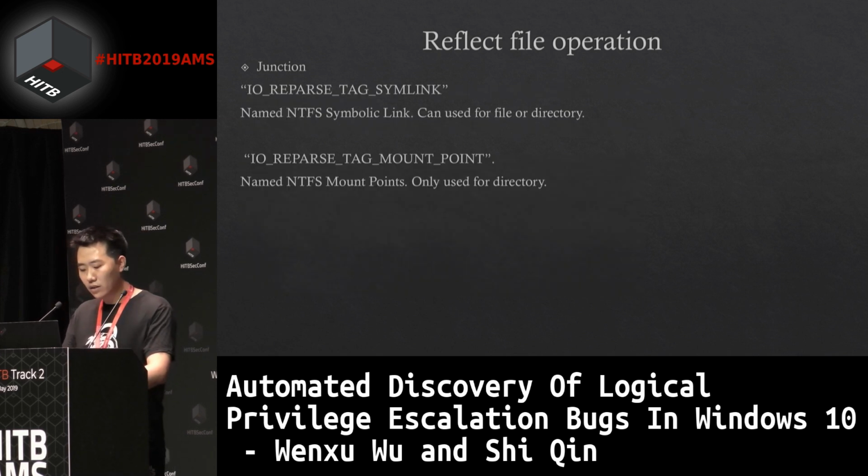Okay, let's take a small summary. There are two commonly used reparse tags. One is IO_REPARSE_TAG_SYMLINK, and the other is IO_REPARSE_TAG_MOUNT_POINT. When invoking NtFsControlFile with IO_REPARSE_TAG_SYMLINK, the file system driver will create the NTFS symbolic link, and it can be used for a file or directory.